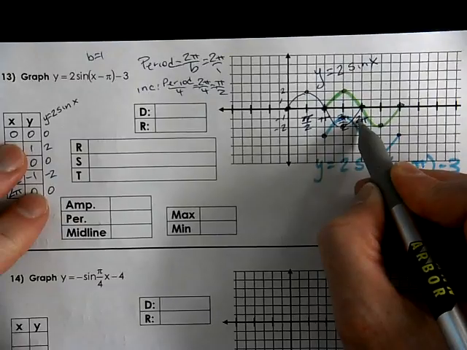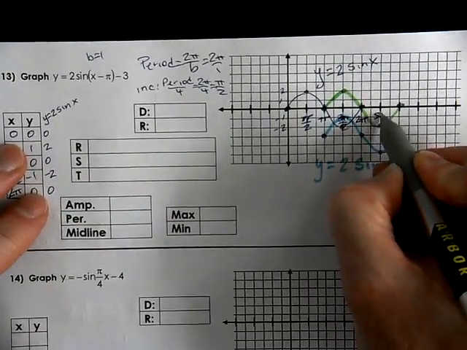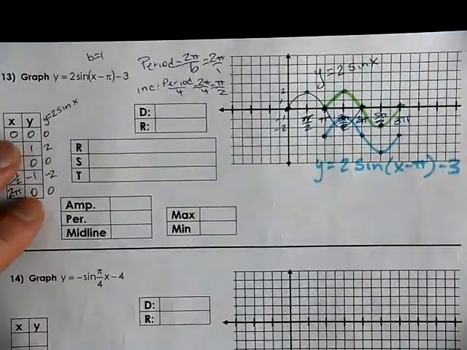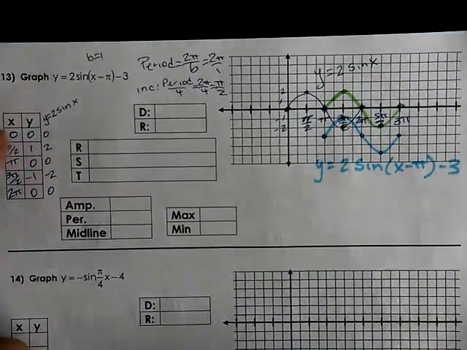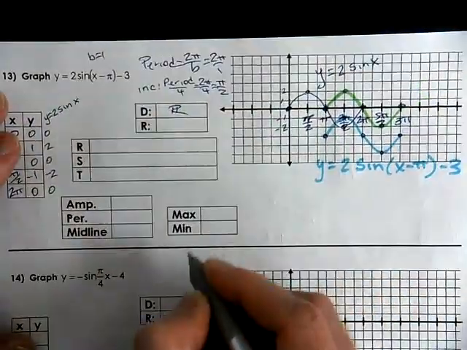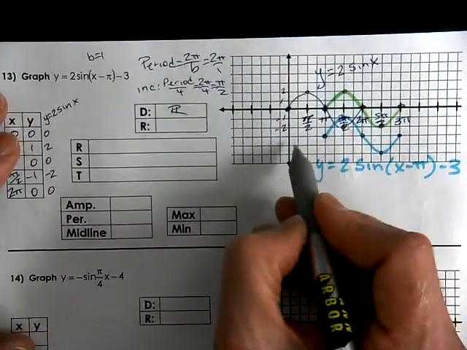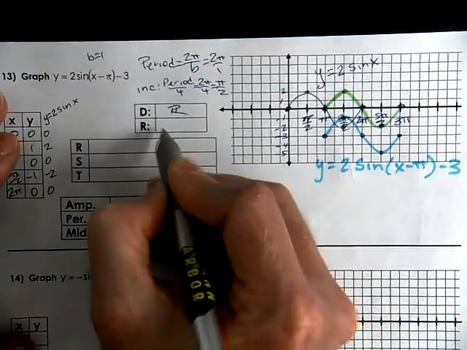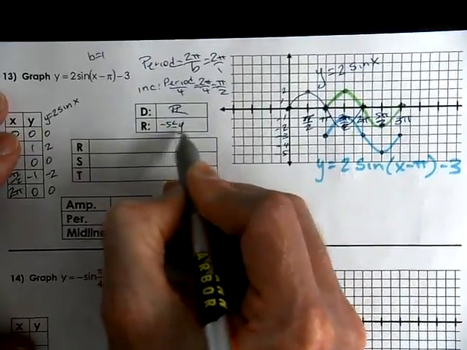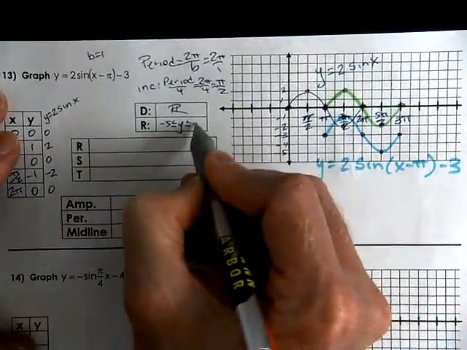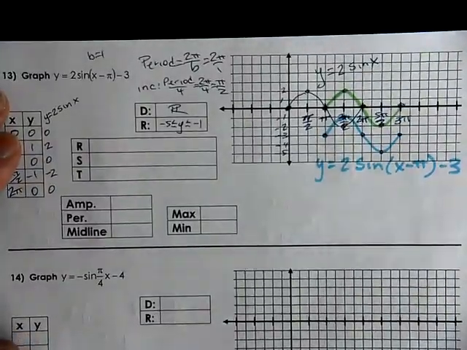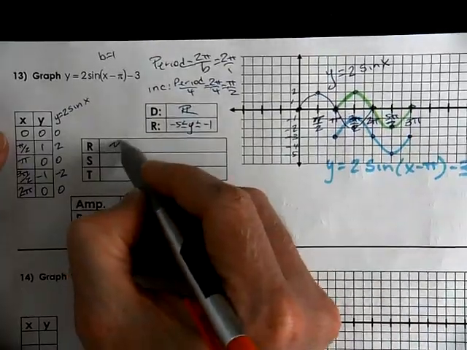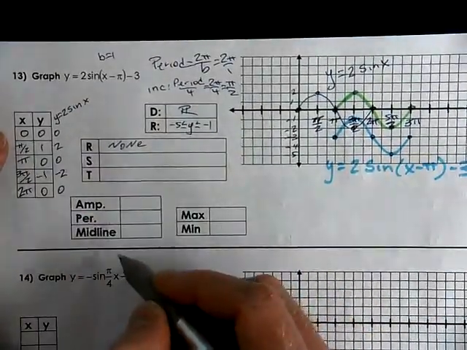So if that was 2 pi, that would be 5 pi over 2. This would be 3 pi. The domain is all real numbers. The range, negative 3, negative 4, negative 5, goes from negative 5 up to negative 1. We have no translation, or I'm sorry, reflection.